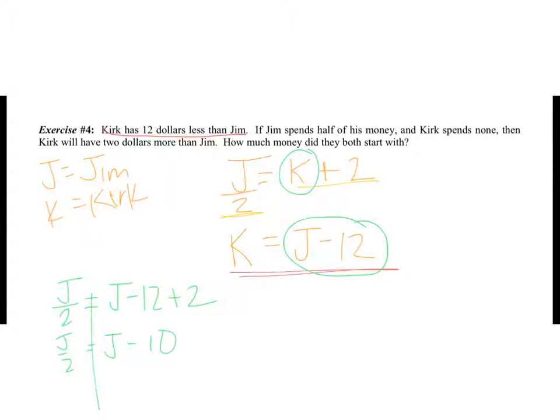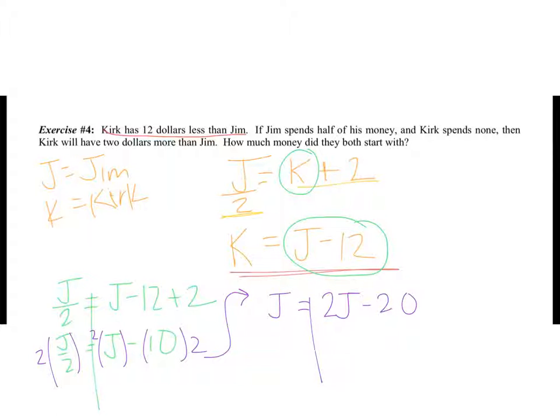The first thing I want to do is get rid of that divided by 2, so I'm going to multiply everything by 2. So it becomes J equals 2 times J minus 20.